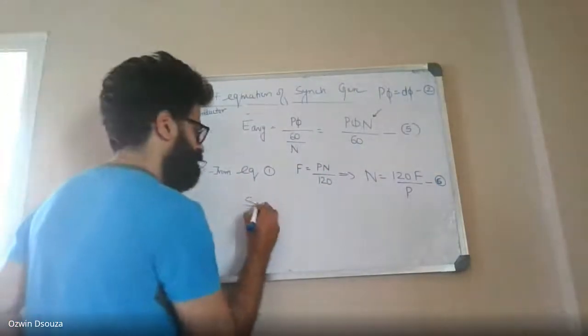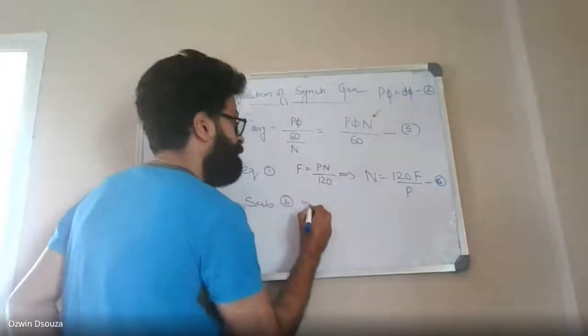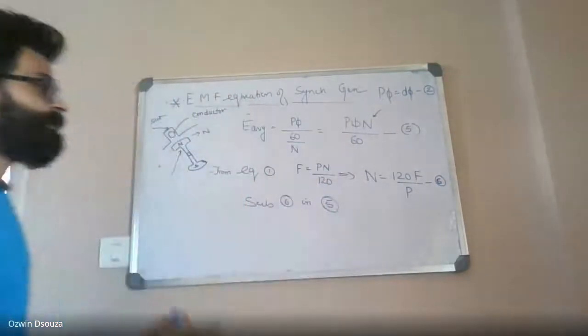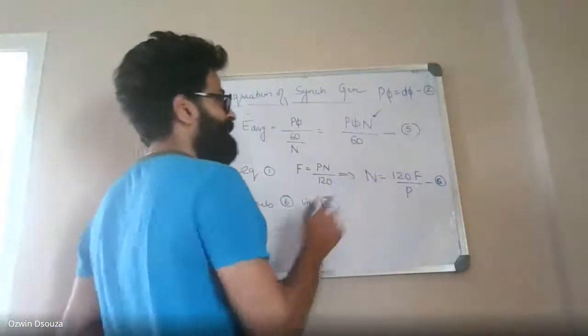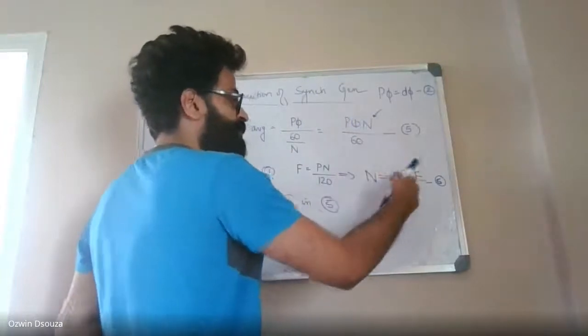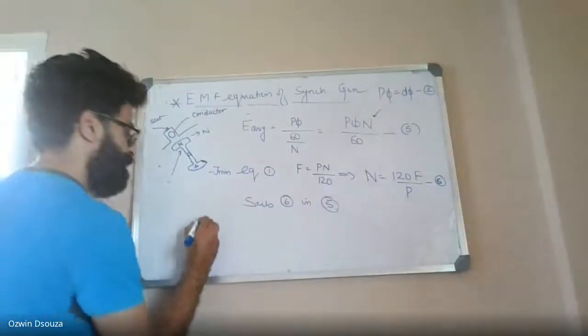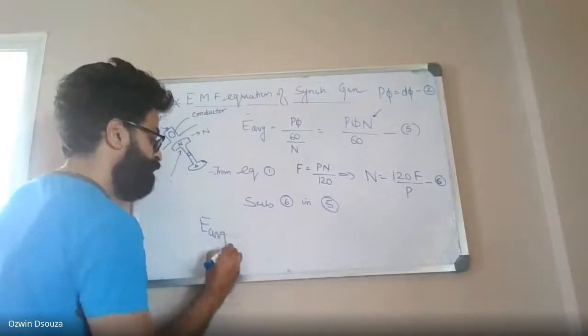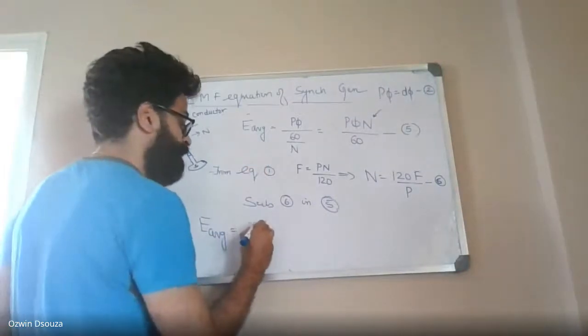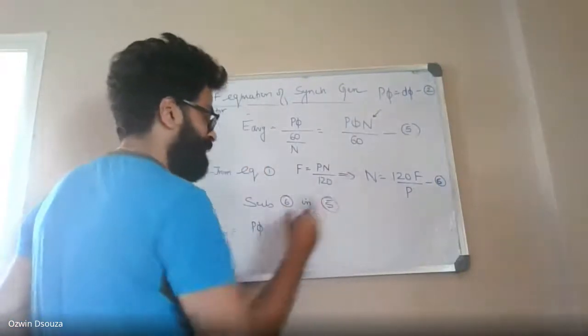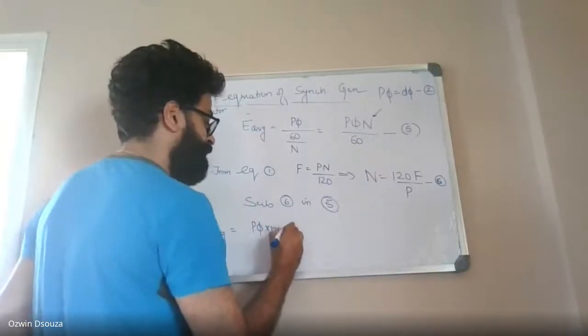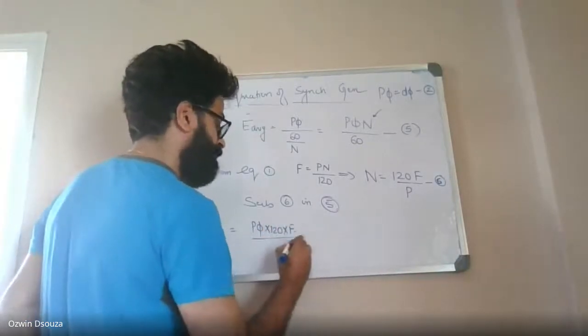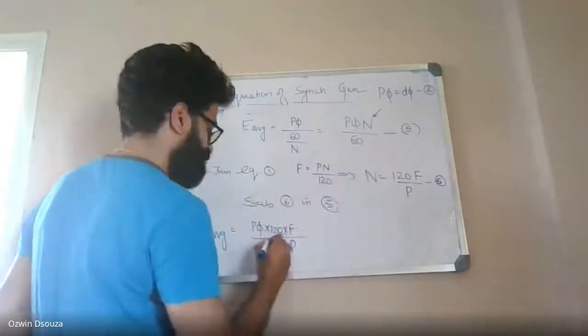Now substitute 6 in 5, that is, in place of n, substitute 120 F by P. We get E average is equal to P into phi into n, where n is 120 into F divided by P into 60.